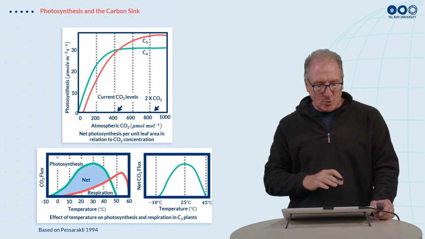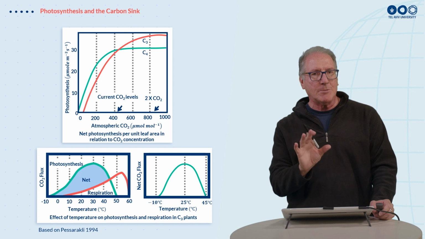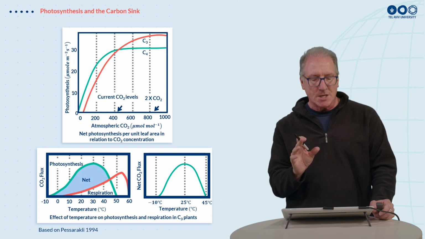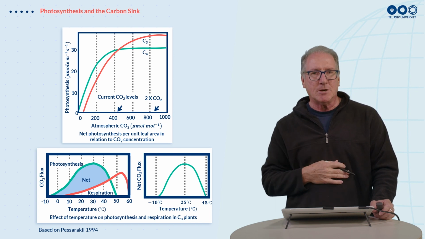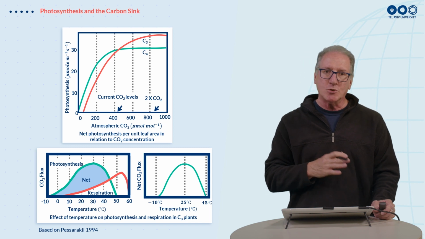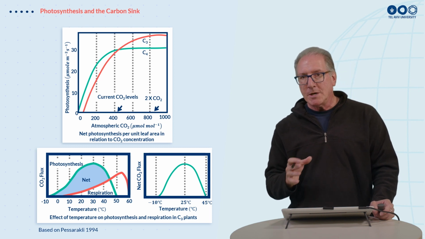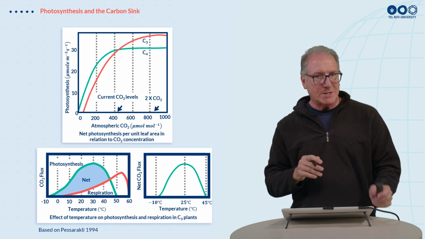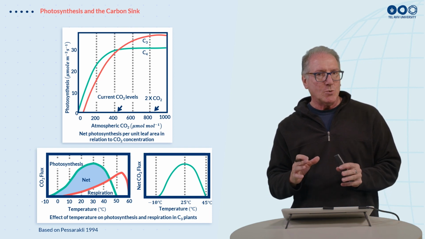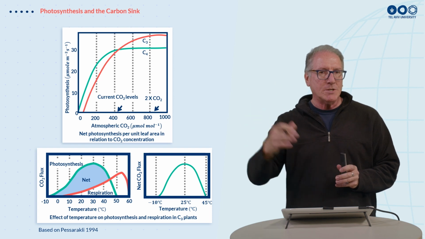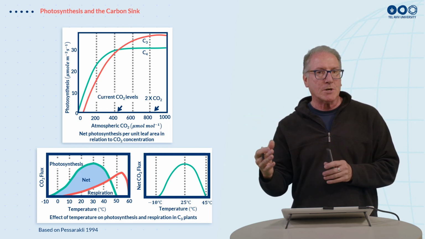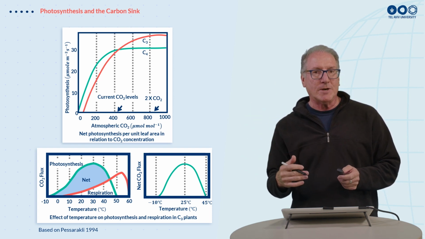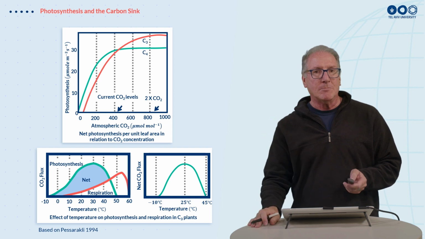And we see that when we put these two together, there's an optimal temperature around about 25 degrees where we have the maximum uptake of carbon dioxide. If it's too cold, if it's too warm, we have less carbon dioxide taken up by the plants. And so when we take into account also temperature, we see that if we keep on increasing carbon dioxide, but the temperature also goes up, this is going to have a negative effect on the uptake of carbon by the biosphere.